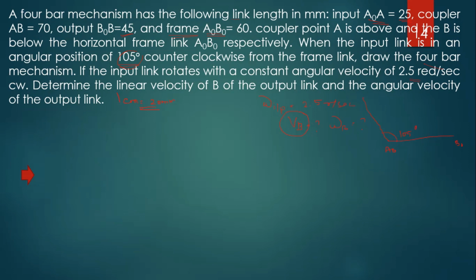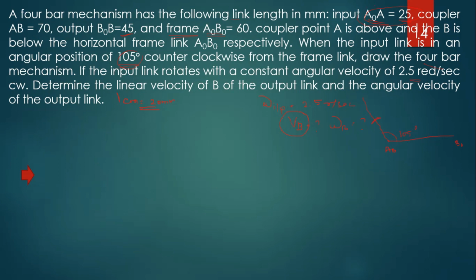Now, AB which is a coupler. So, A0A is the input link, right, and A is above and B is below. So, A0A is equal to 25, right? It's an input link. So take a compass and measure 25 mm and take A0 as the center point and cut the arc.